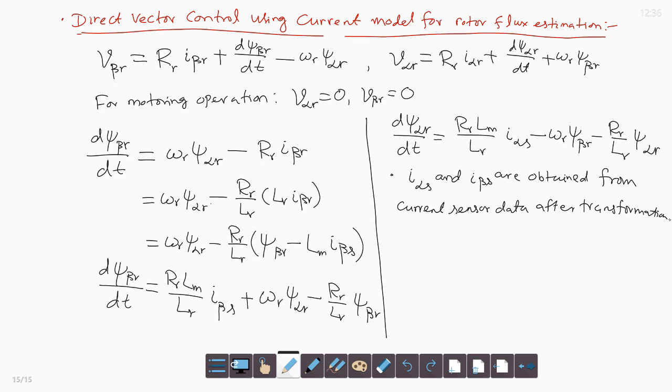Speed omega R is also sensed, the speed sensor is there. So, once we get I alpha s and I beta s, we get d psi alpha R and d psi beta R by dt, using the same equations.